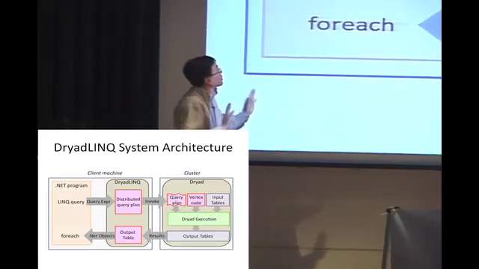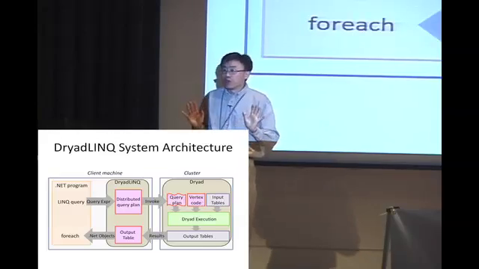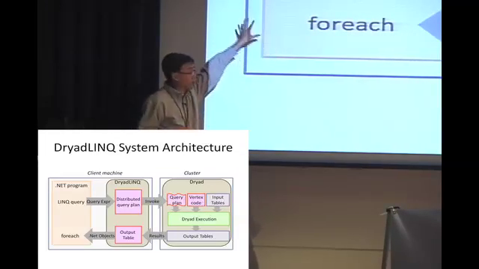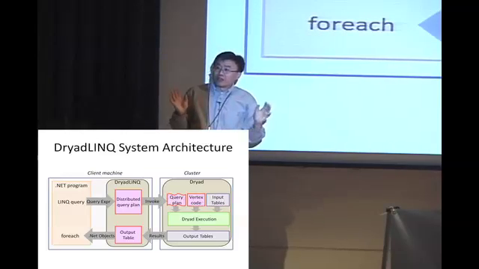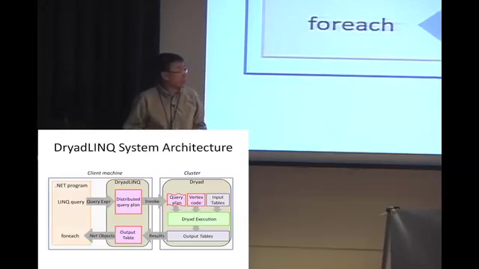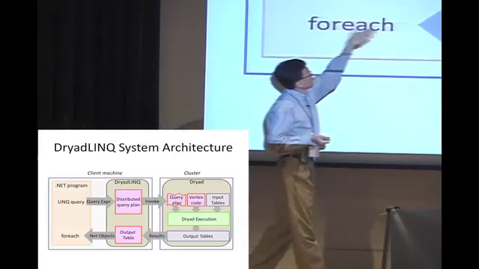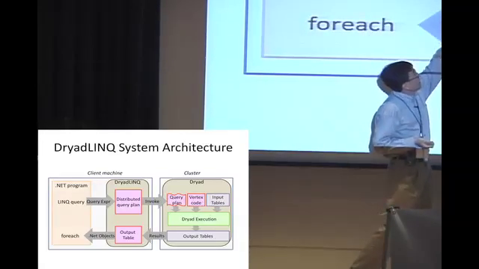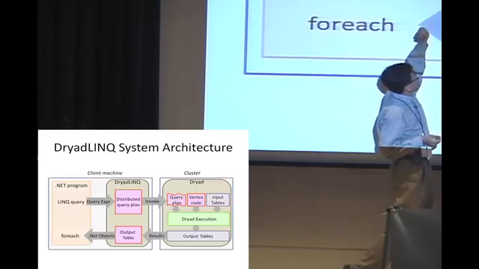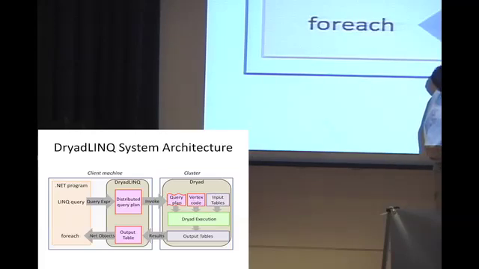Here is a very high-level view of the DryadLINQ system. On the left, you have the program executing. At some point, the execution of a LINQ query is triggered, and the query expression is shipped to DryadLINQ. DryadLINQ generates a query plan, and you invoke Dryad.